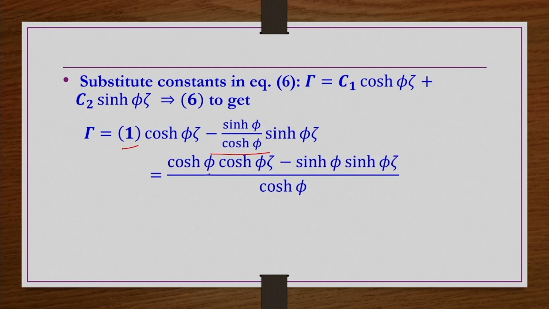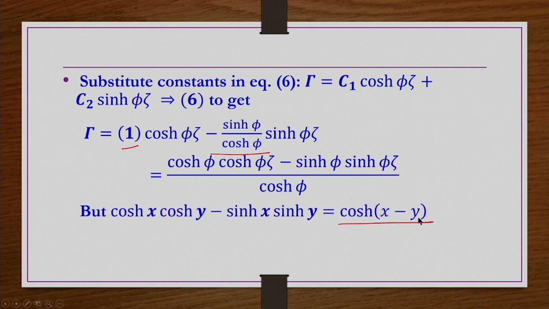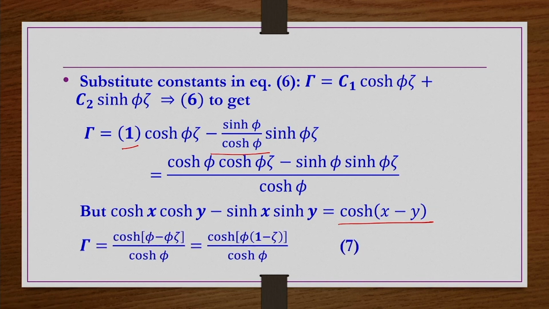Cos hyperbolic of x cos hyperbolic of y minus sin hyperbolic of x sin hyperbolic of y is nothing but cos hyperbolic of x minus y. That means you get gamma is equals to cos hyperbolic of phi minus phi zeta divided by cos hyperbolic phi. That is cos hyperbolic of phi times 1 minus zeta, divided by cos hyperbolic of phi, which is the concentration profile in non-dimensional form.